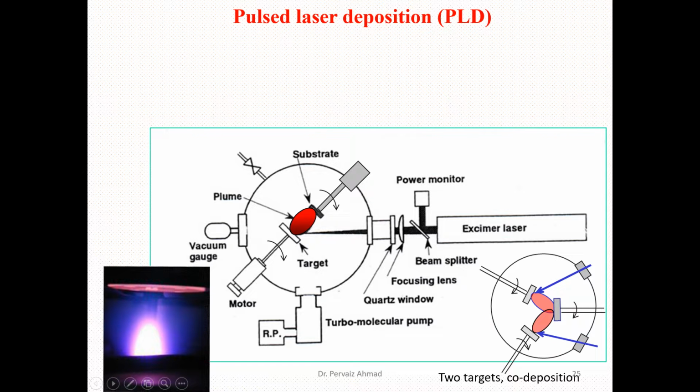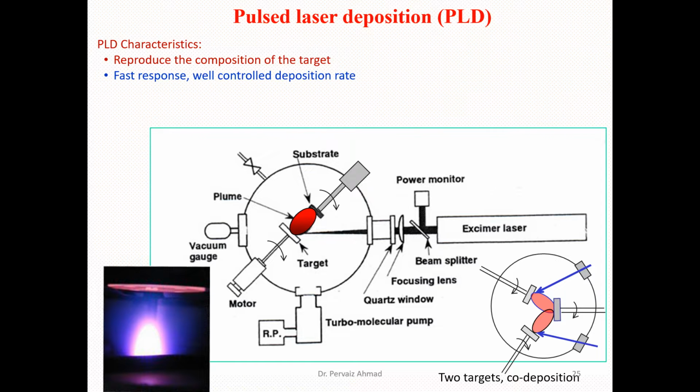So let's start the formal discussions. What are the characteristics of PLD? By utilizing this technique, we can reproduce the composition of the target, and we have fast response and well-controlled deposition rates.